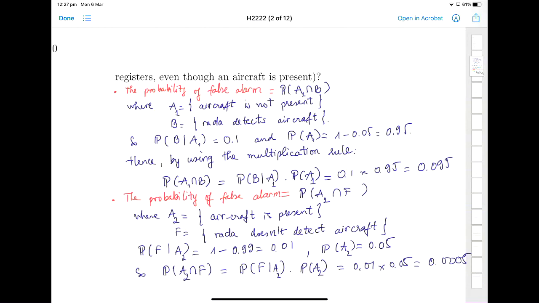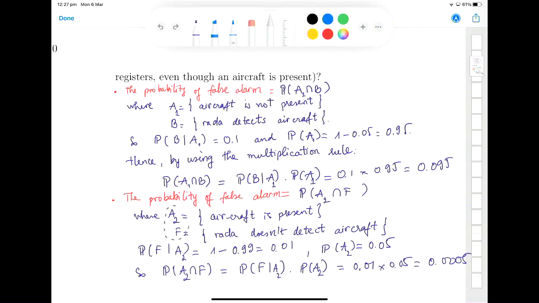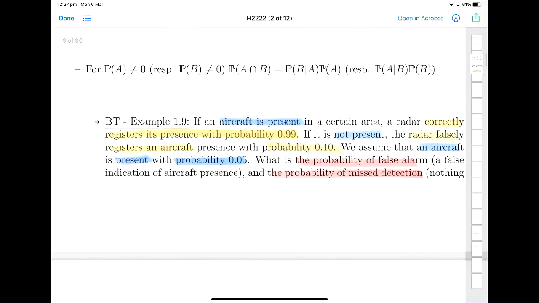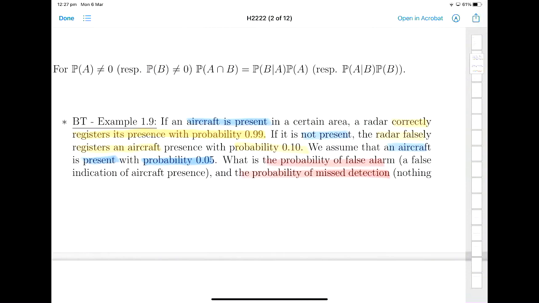So from this definition of A2 and F, the probability of F given A2, which means the probability of the radar not detecting an aircraft given that the aircraft is present, comes from the first sentence. The first sentence says the probability of the radar detecting the aircraft given that the aircraft is present is 0.99.